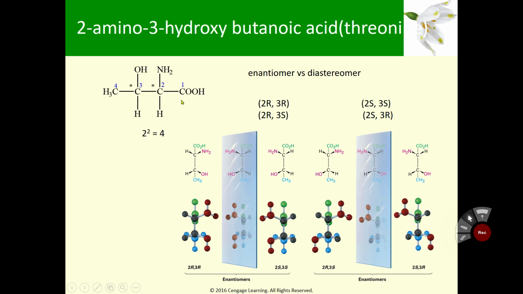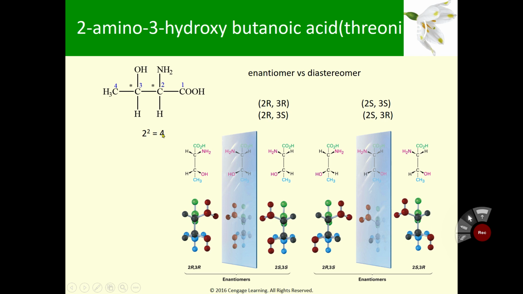Because you have two chiral centers, each of these chiral centers can have R or S. Therefore, we can imagine 4 stereoisomers. If you know the number of chiral centers, we can easily calculate the number of isomers by 2 to the power of n, right?